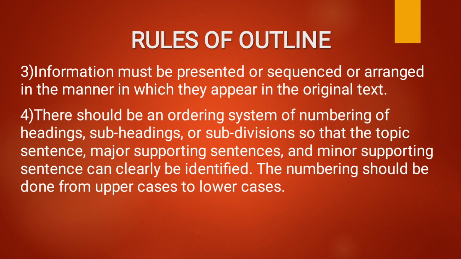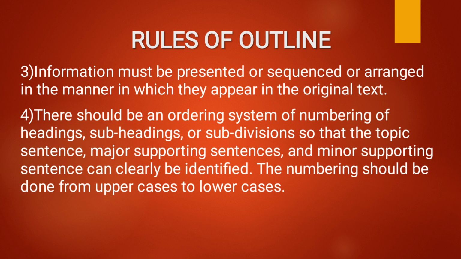You can't label the first topic sentence 1 and the second topic sentence B. No. All topic sentences, you label them 1 if that is what you want. Or all topic sentences, you label them A if that is what you want. Or all topic sentences, you label them with capital Roman numerals I, if that is what you want. I hope it makes sense.